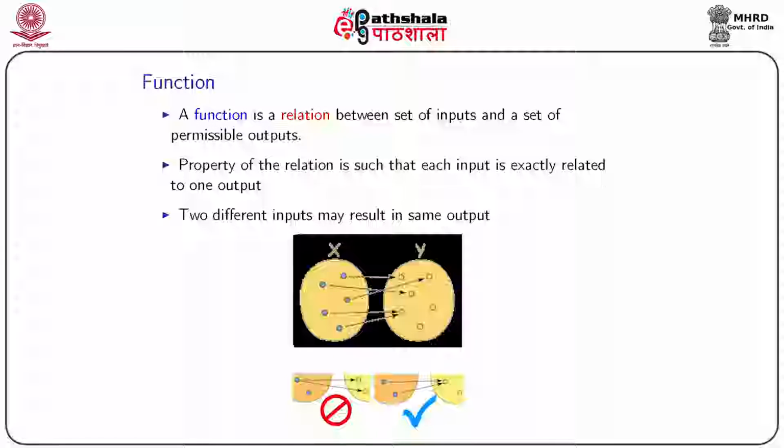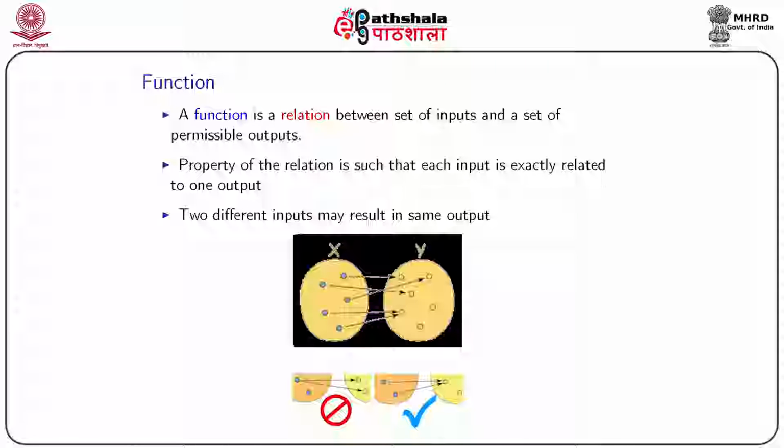A function is a relation between a set of inputs and a set of permissible outputs. That means that whenever we have something as output, it has some inputs, and we want to find the relationship in terms of a function. And this property of relation is such that each input is exactly related to one output.